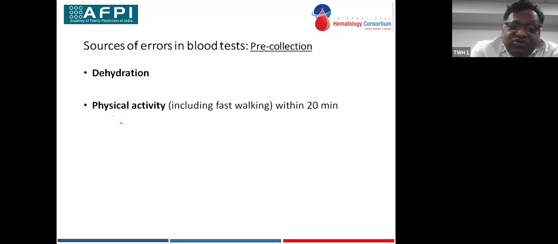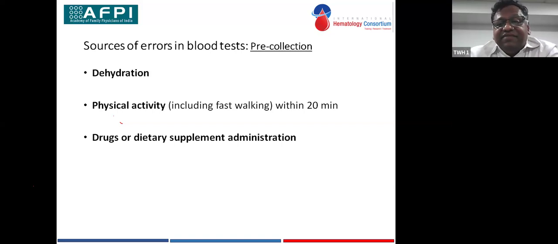The blood reports also change based on how active the individual is. Sometimes, if you've been working continuously from morning till evening and you give a sample in the evening, especially after excessive physical work, the reports may be a bit different compared to how they would be early in the morning without any major physical activity preceding the sample collection.